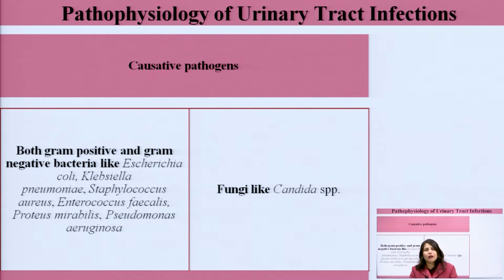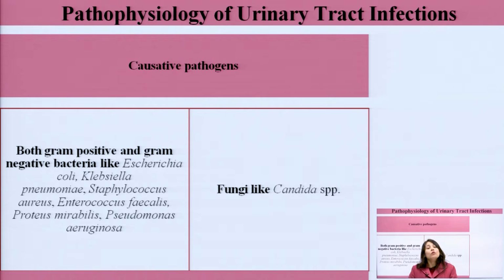We begin with bacterial infections of the urinary tract. Both gram-positive and gram-negative bacteria, like Escherichia coli, Klebsiella pneumoniae, Staphylococcus aureus, Enterococcus faecalis, Proteus mirabilis and Pseudomonas aeruginosa, can cause urinary tract infections.